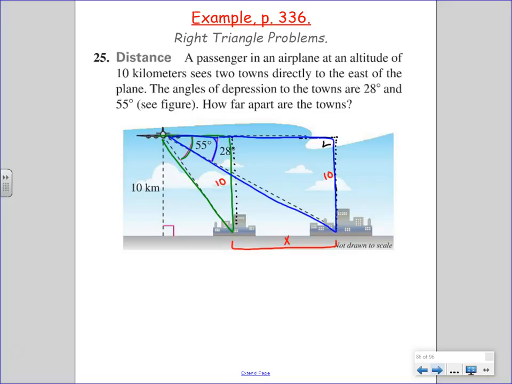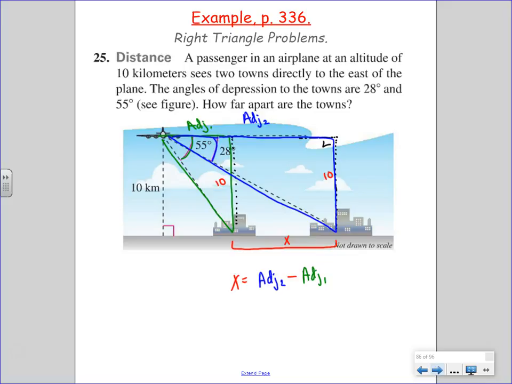How are we going to find this part? We can find the whole and the small and then subtract. Can't we find the adjacent of the little baby one and the adjacent of the big one? And how are we going to find X? X equals adjacent 2 minus adjacent 1.